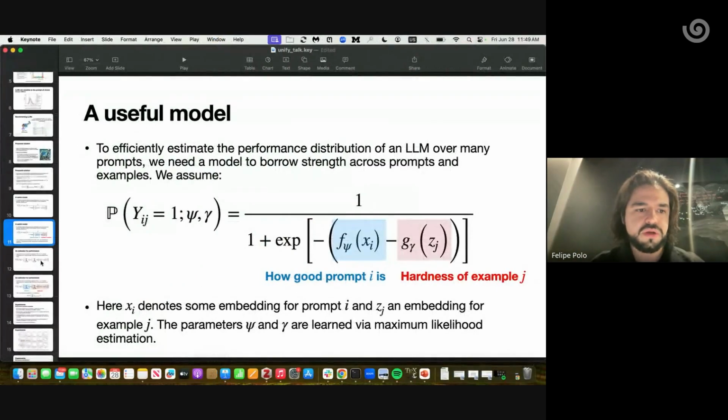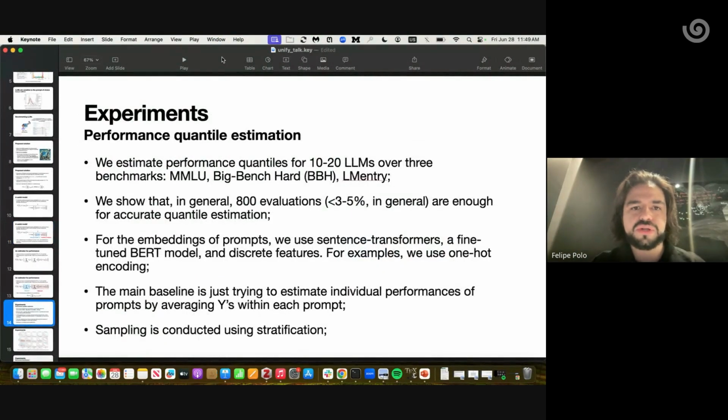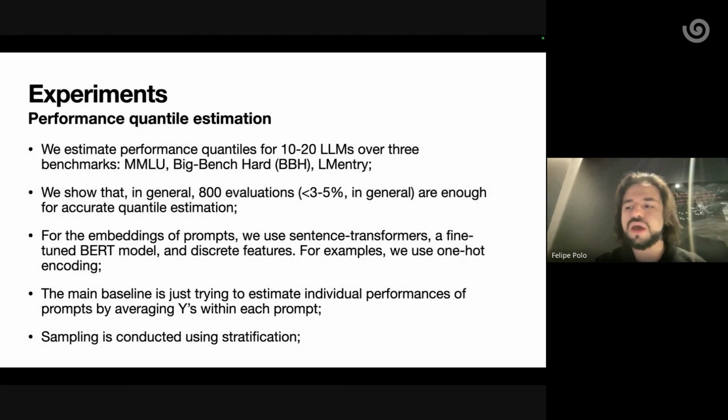Okay. So basically, I wanted to talk about some results that we have. In our experiments, we focus on 3 benchmarks. One of them is the MMIU we talked about earlier. The second one is called Big Bench Hard. And the third one is elementary.